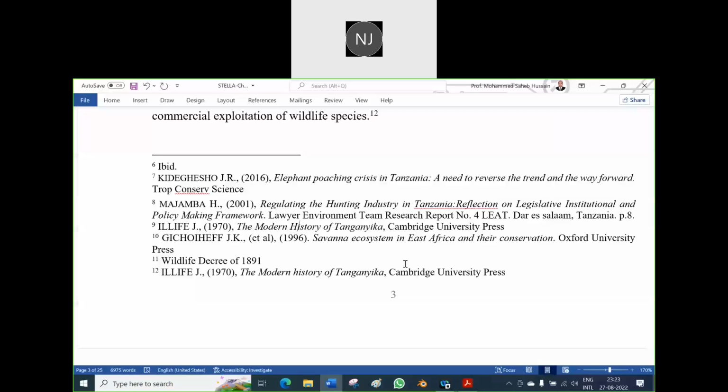Fundamental rule: any newspaper title, article title, journal title, book title ends with the full stop, period.